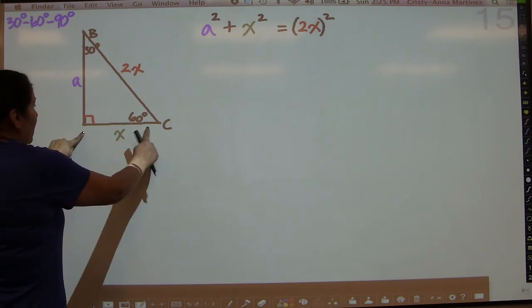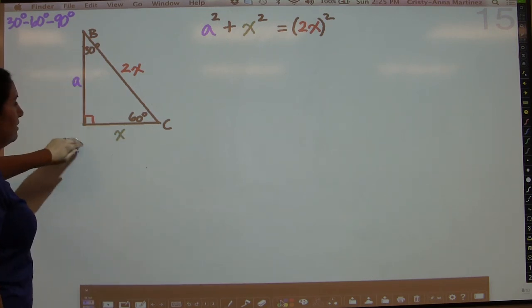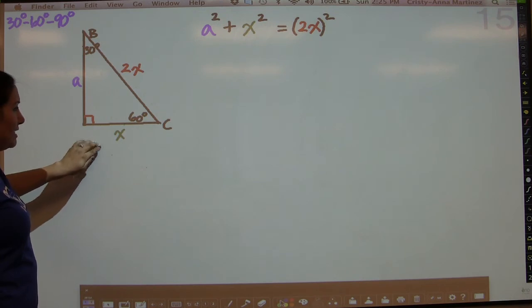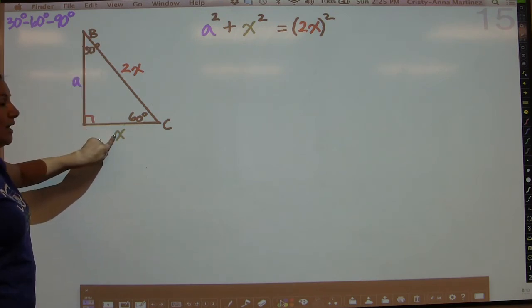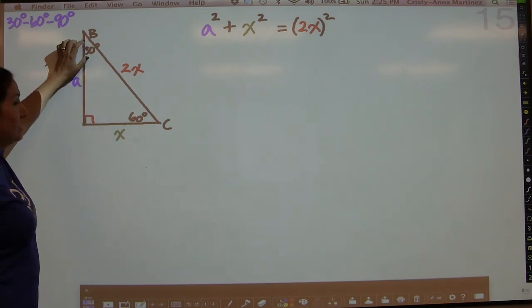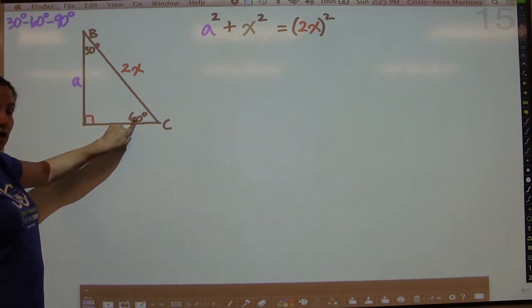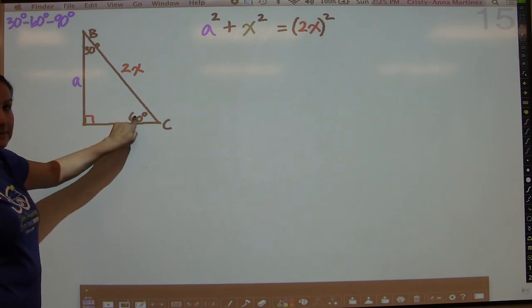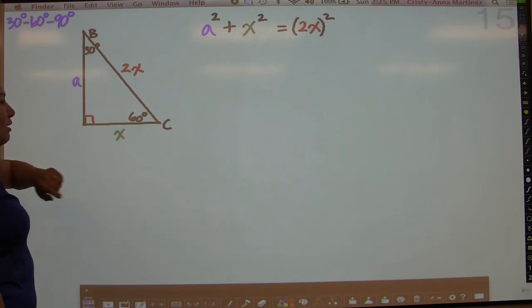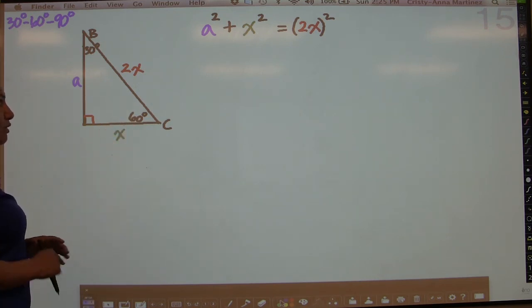So you have a short leg and a long leg, and the short leg is indicated here by x and it's opposite 30 degrees because 30 degrees is the smaller angle, so it would be opposite the short leg. 60 degrees is bigger, and therefore the long leg is opposite 60 degrees. That's important for you to note as well, to make sure that you have it set up correctly.